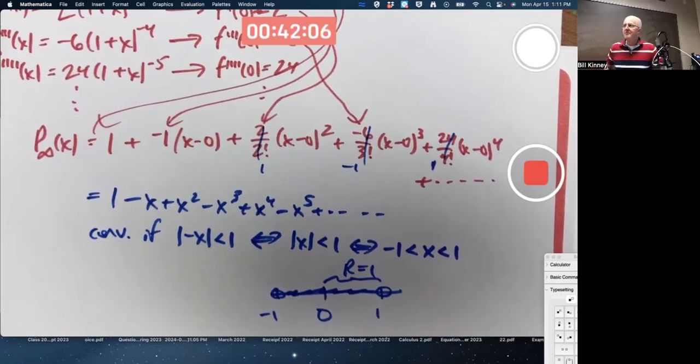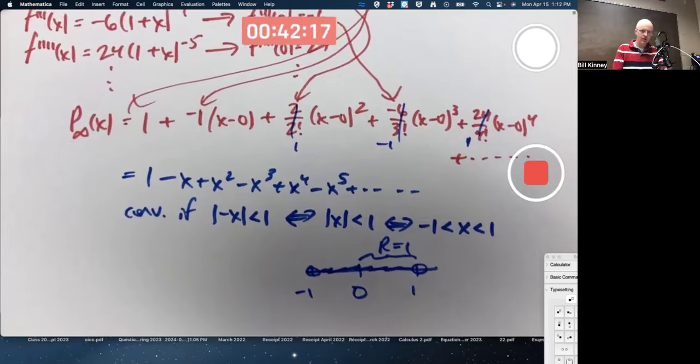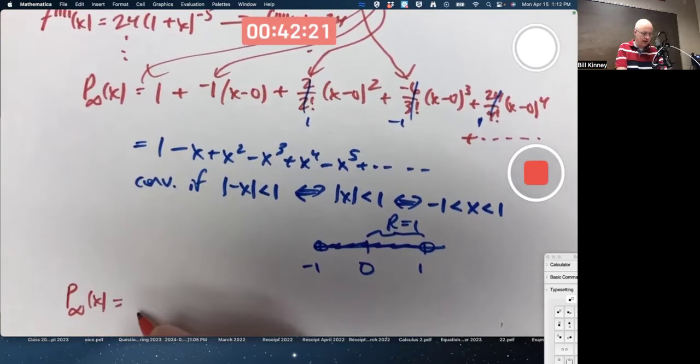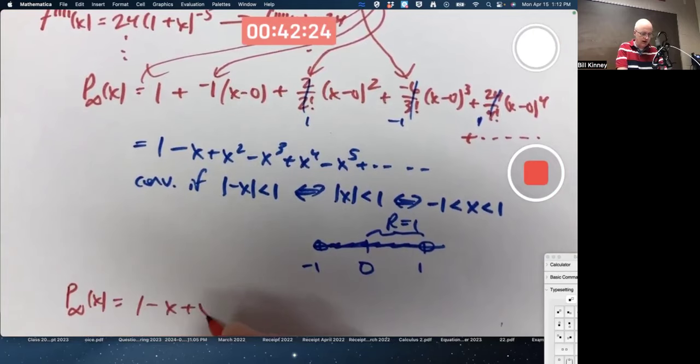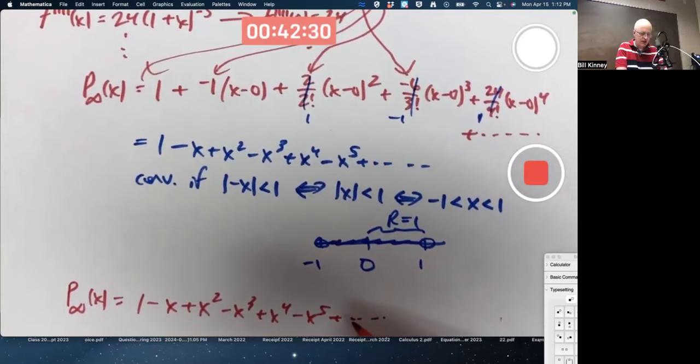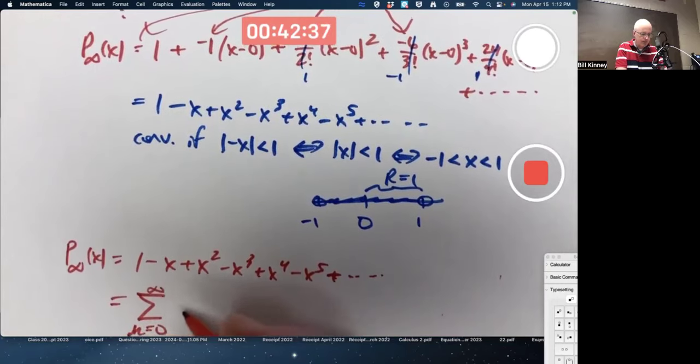What would happen if we tried using the ratio test here to confirm the radius of convergence and the interval of convergence? What would happen? The series again here is 1 minus x plus x squared minus x cubed plus x to the 4th minus x to the 5th, etc. With summation notation, I could write that as summation k goes from 0 to infinity.